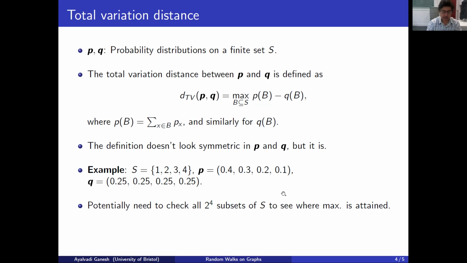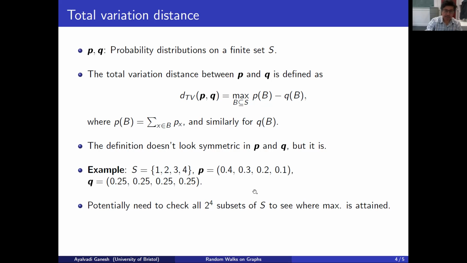But if you think about it a little bit, you can see intuitively that we don't have to do this. You should intuitively be able to see which set attains the maximum here.